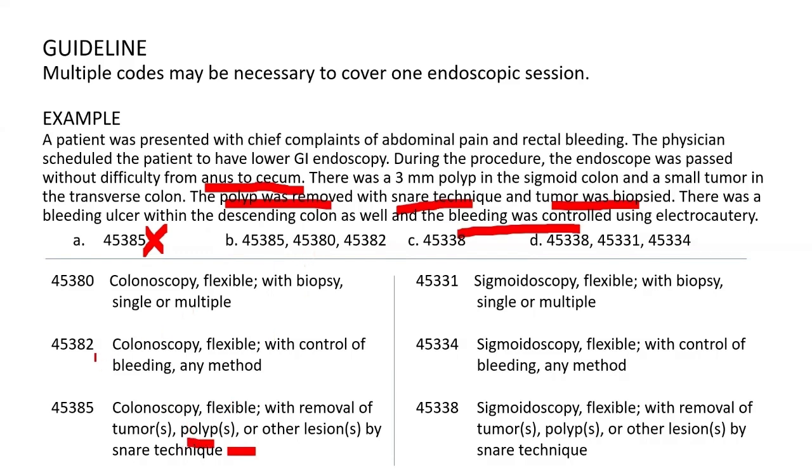And 45380 is a biopsy code. And 45382 is control of bleeding. All 3 surgical procedures are being reported in option B, and this is the right answer. Option C and option D are incorrect as these codes are related to sigmoidoscopy.